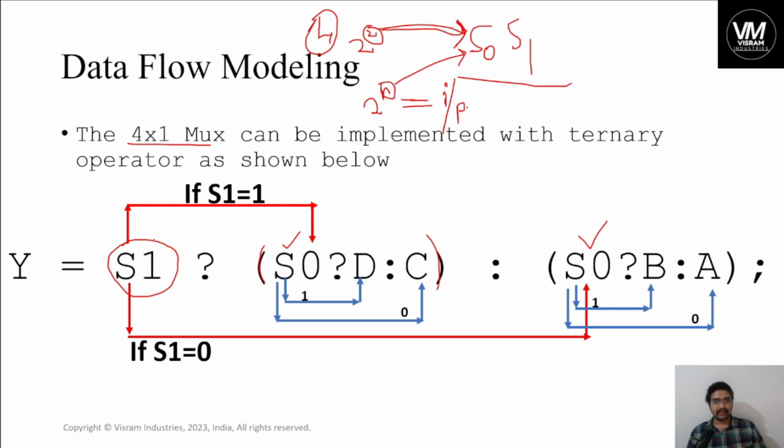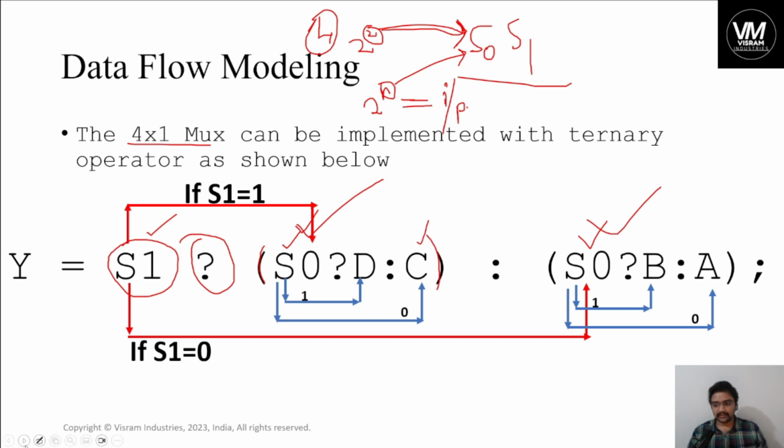Again, the syntax is the same for the ternary operator: one input, question mark, and then choosing which input is to be selected. I choose S0 if S1 is equal to 1, and in this again ternary operator, I choose C if S0 is equal to 0.